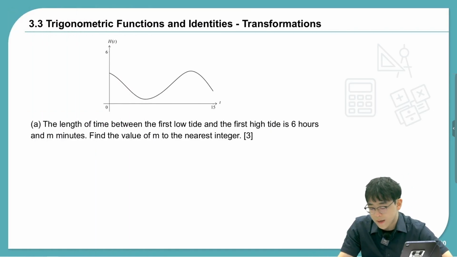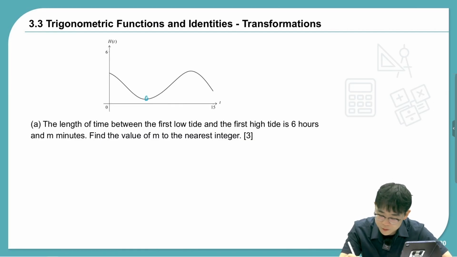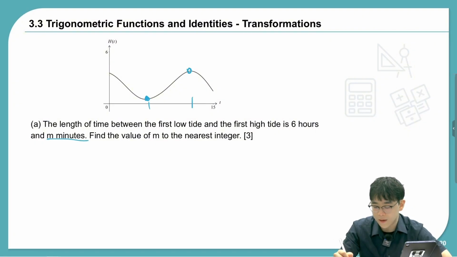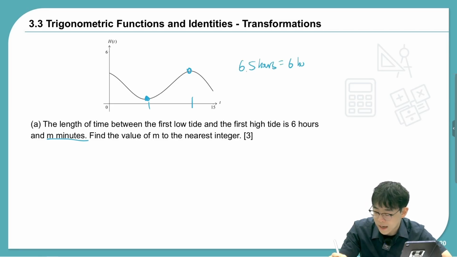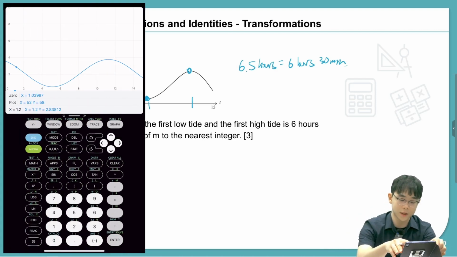So we want to find out the length of time between the first low tide and the first high tide. Okay, so we just need to find out what this is, and we want to round this to m minutes. So if you get something like 6.5 hours, do note that this is going to be 6 hours and 30 minutes, right? So we've got to convert to the proper minute notation.